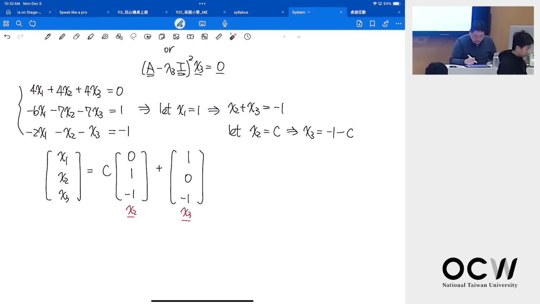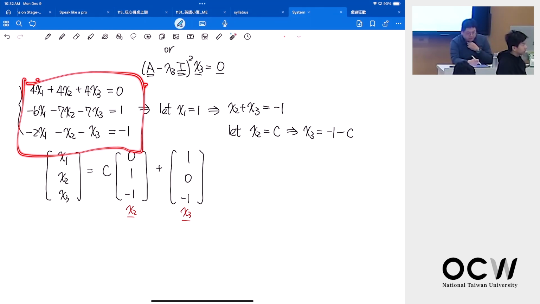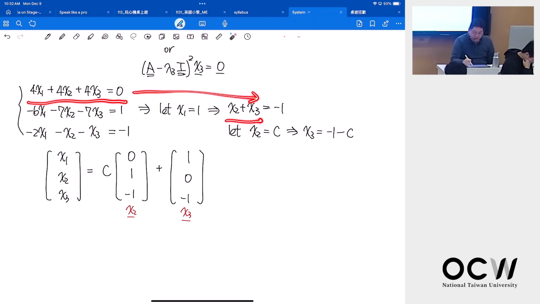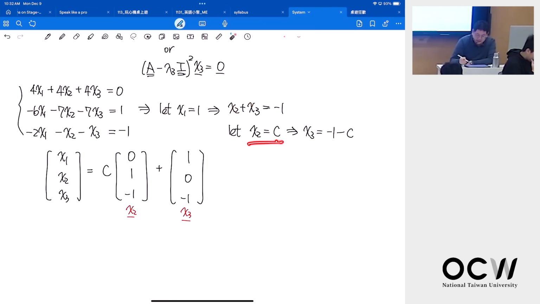And how do you find these three variables, x1, x2, and x3? First, for convenience, we can let x1 equal 1. Once x1 equals 1, for the first row, we get x2 plus x3 equals minus 1. Right. And then we still have two variables, so suppose that x2 equals c, a constant c. Then I can express x3 as minus 1 minus c.